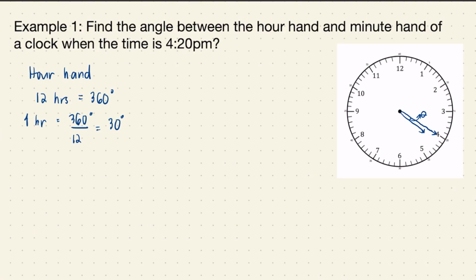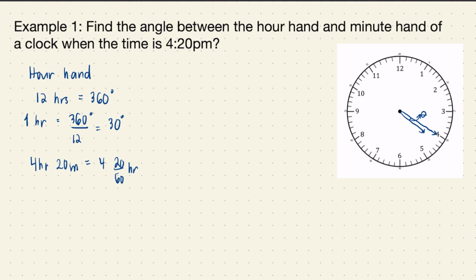In general, if we take a look at the time, 4 hours and 20 minutes. If we write it in terms of hours, that will be 4 hours and, because every 60 minutes is 1 hour, 20 over 60 hours.